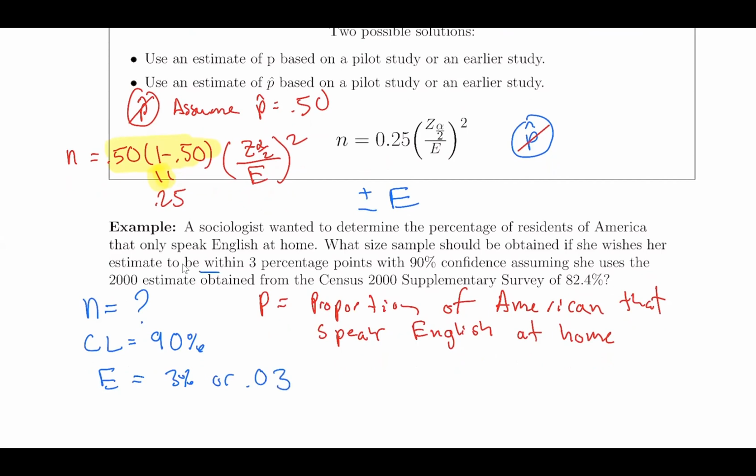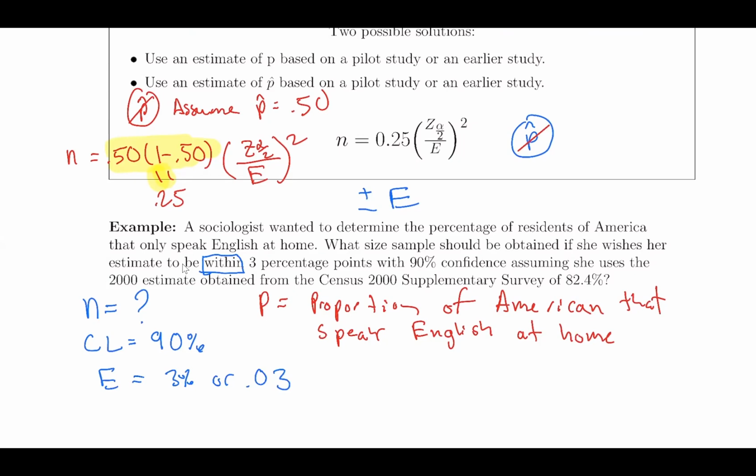The keyword here is "within." Anytime you see within, that's your clue that it's the margin of error. All right, so we found margin of error. Any questions in regard to margin of error?